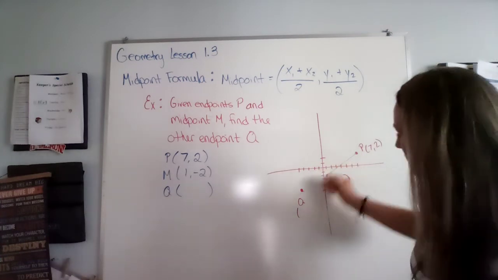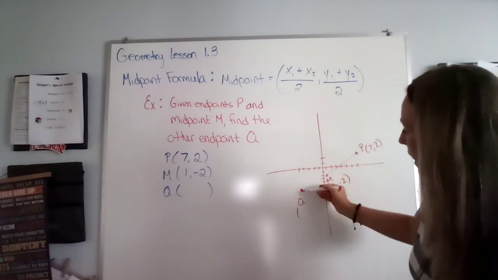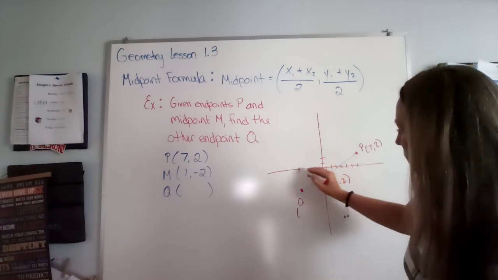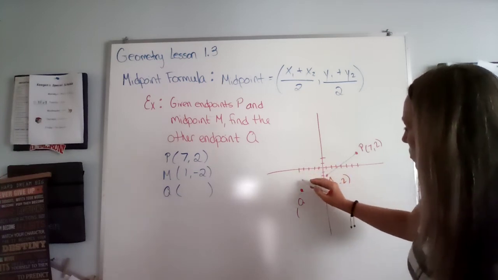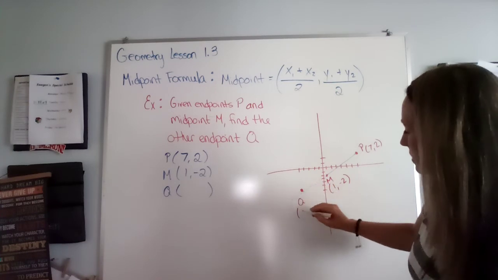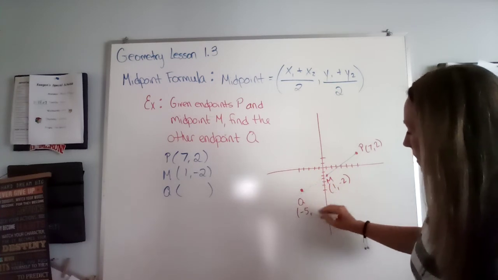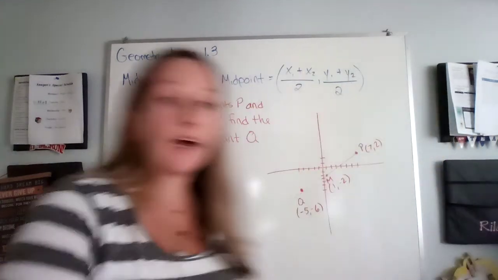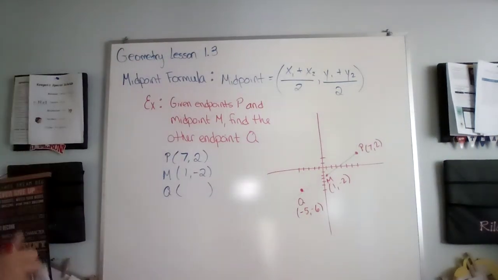Go over first, then down. My mistake. I'm sorry. So it's over 5, down. Let's count again. So it's over 1, 2, 3, 4, 5, and then down 1, 2, 3, 4, 5, 6. There we go. Again, having actual graph paper with the grid lines, you won't be making all these little mistakes I am, because it's more accurate for you to visually see.